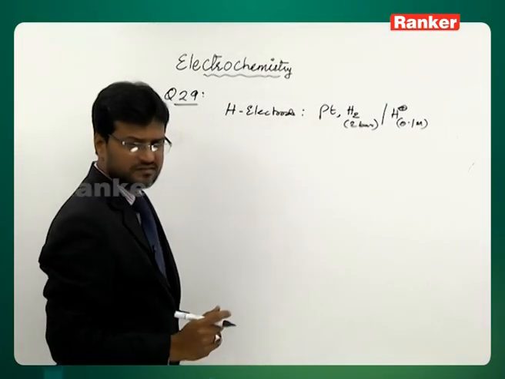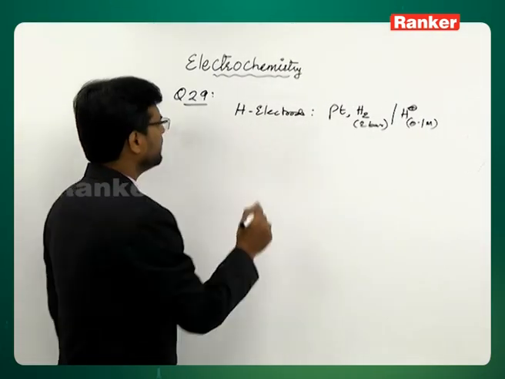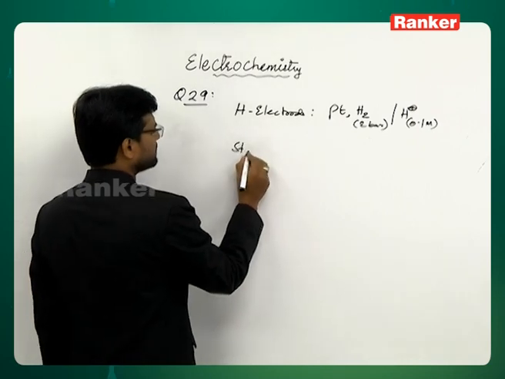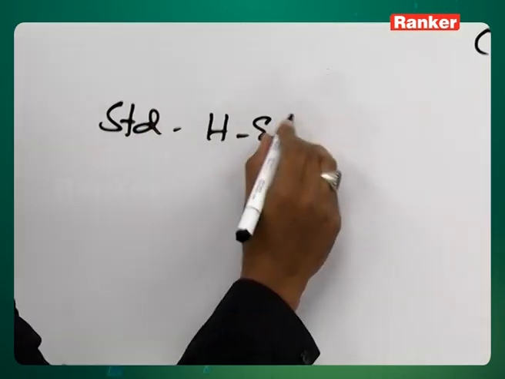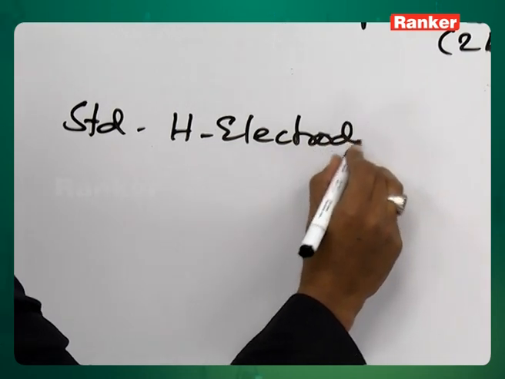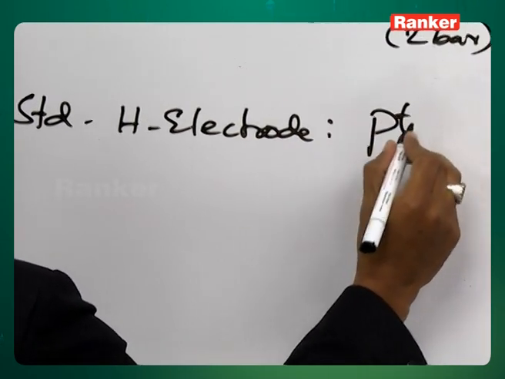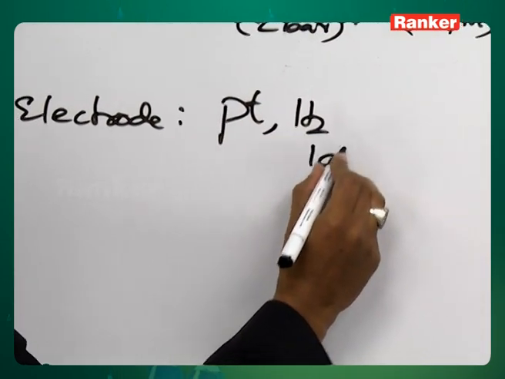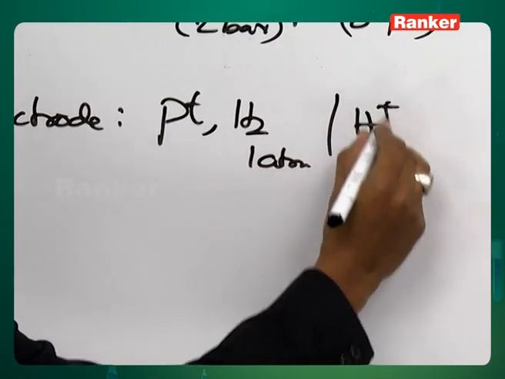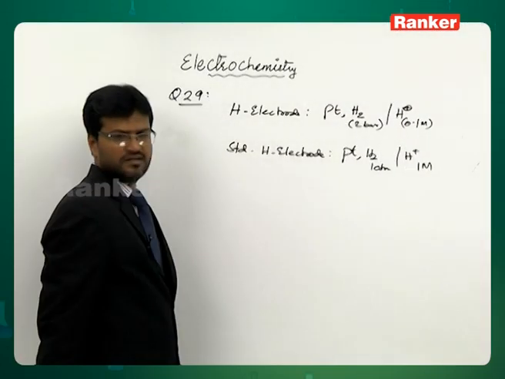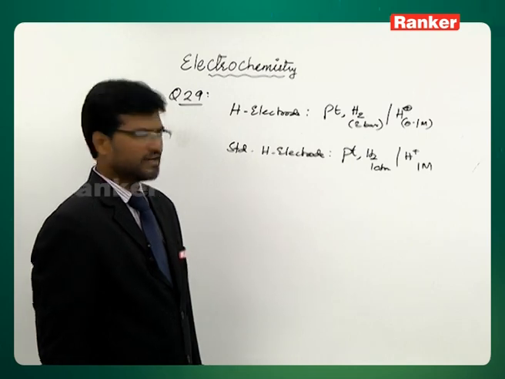And then standard hydrogen electrode, here we have to have 1 atmosphere pressure and 1 molar concentration. So, you can write Pt comma H2 1 atmosphere oblique H plus 1 molar. Then we have metal ion electrode.